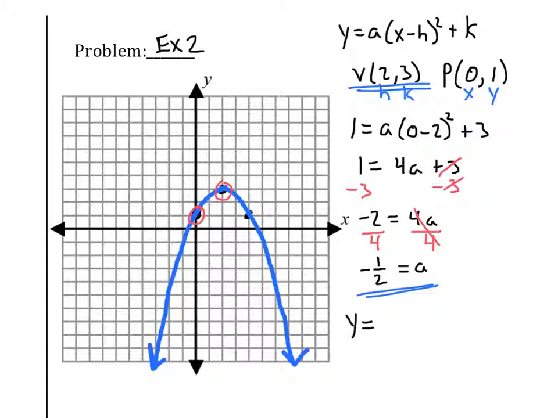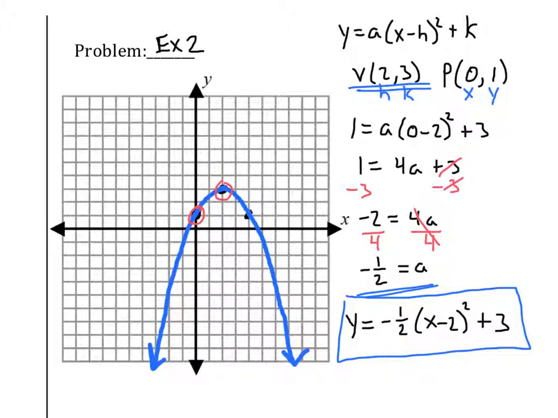So y equals negative 1/2 times x minus 2 squared plus 3. There's nothing in that equation that we need to reduce or simplify, so that's our answer. That's the equation of this parabola. Questions?